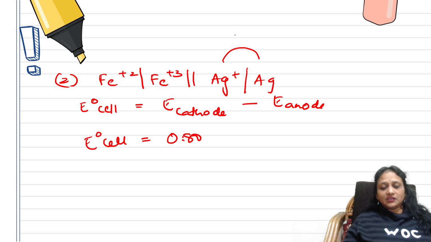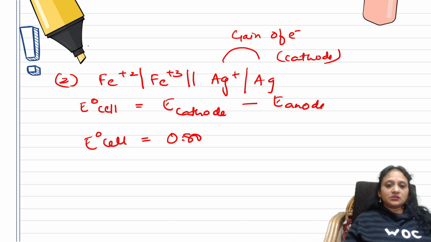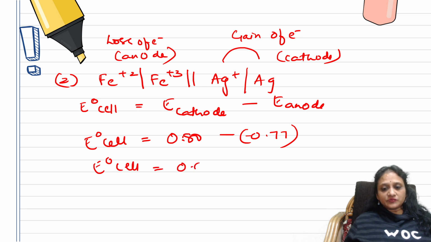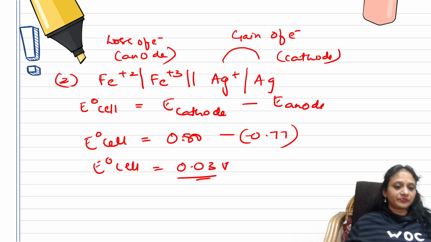This is gain of electrons, cathode. This is loss of electrons, anode. Correct, no? So 0.80 minus 0.77. How much will I get? 0.03. That's E naught cell.